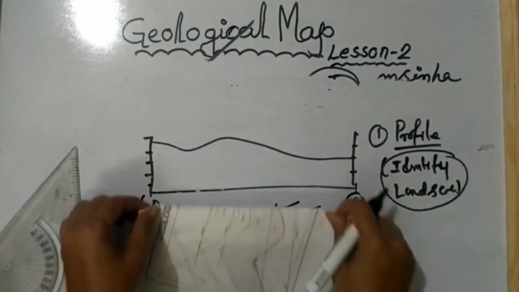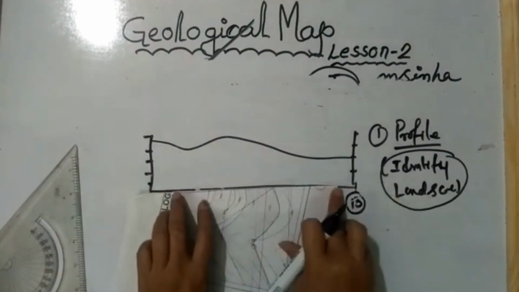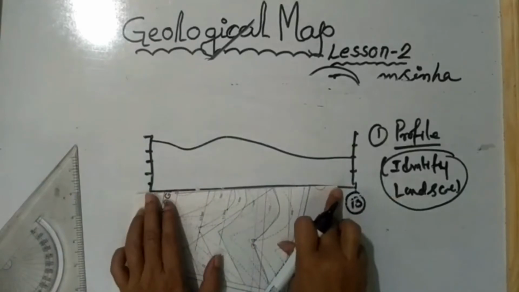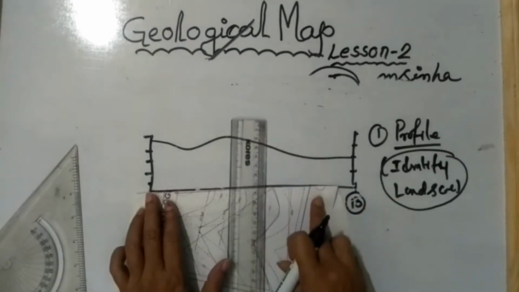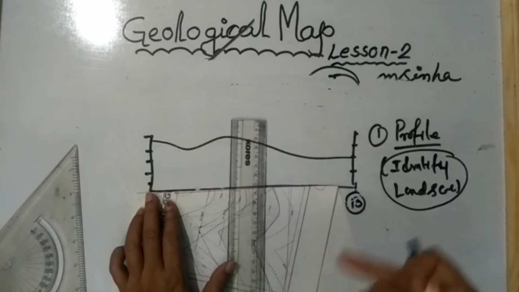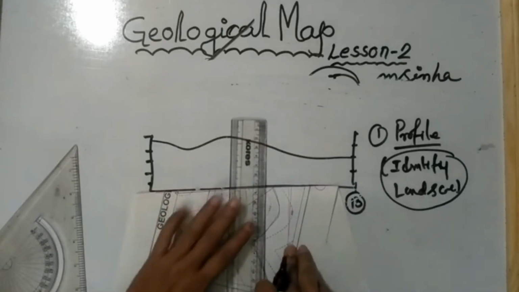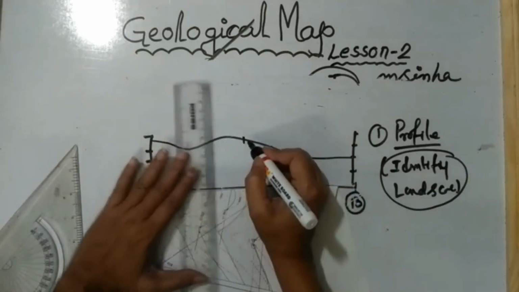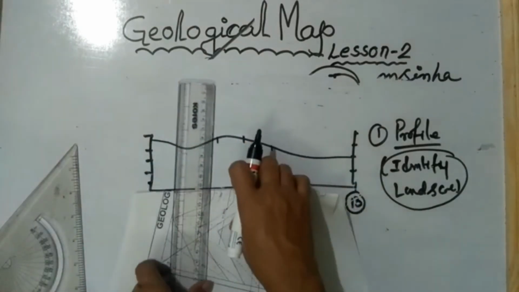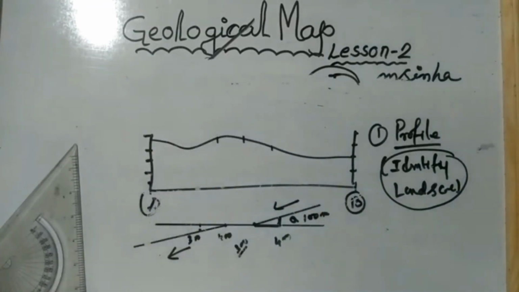Then you have to fold this map, and this is an imaginary drawing, that's why it's not perfectly matched. After plotting the profile line, you have to identify the profile in that way, and take a set square and scale, or two set squares.